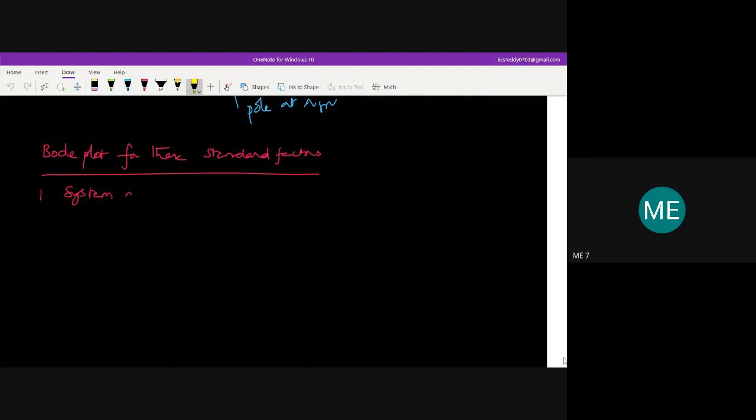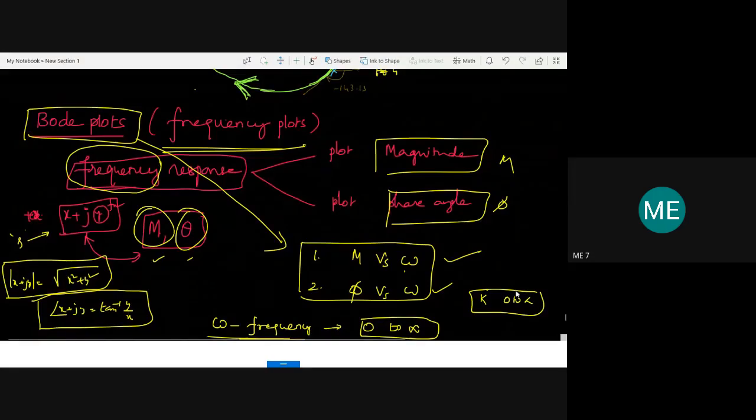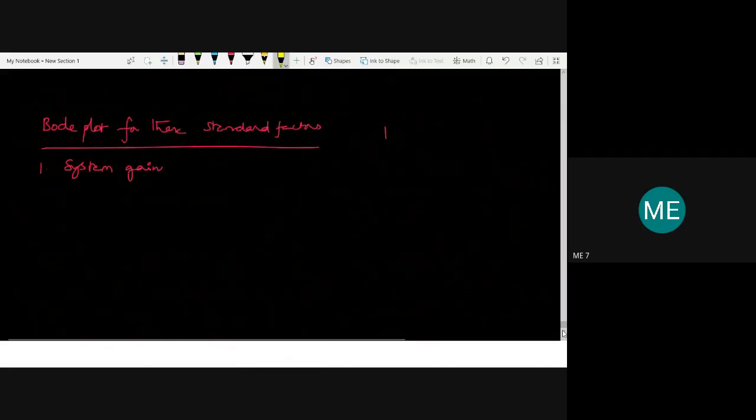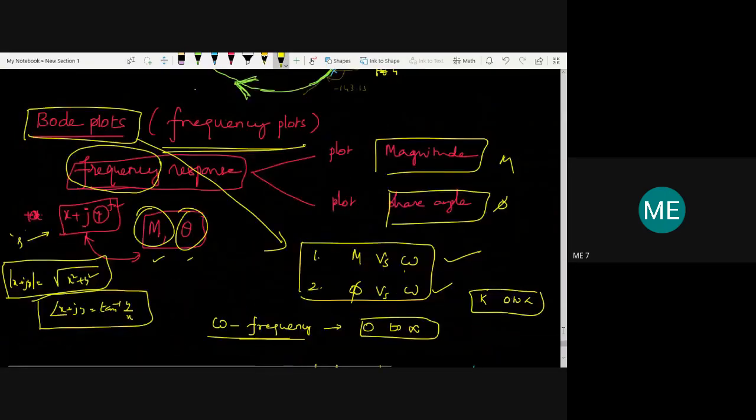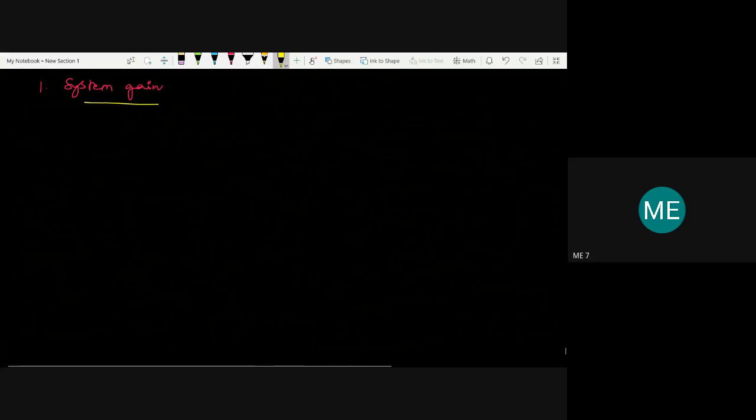So for any factor which you are going to draw, the Bode plot, we are using the system gain K.